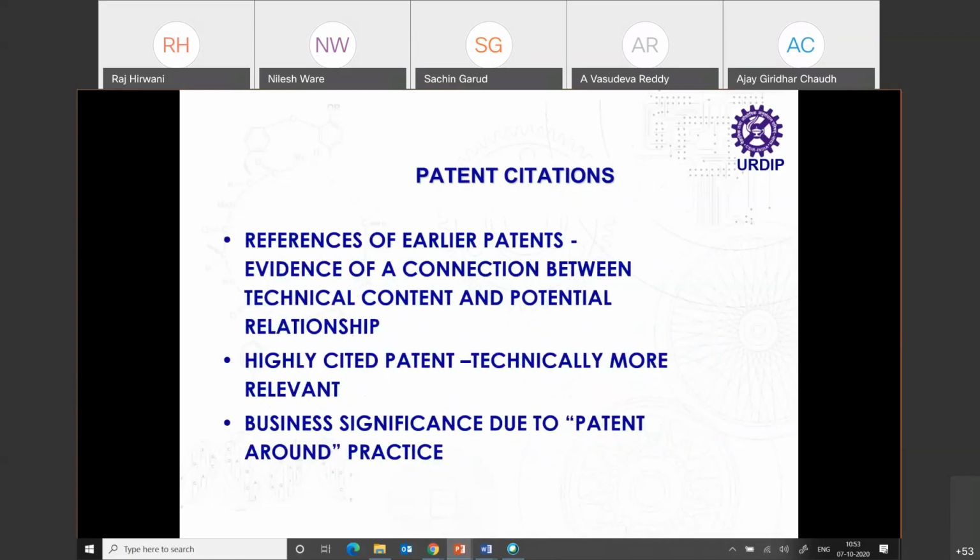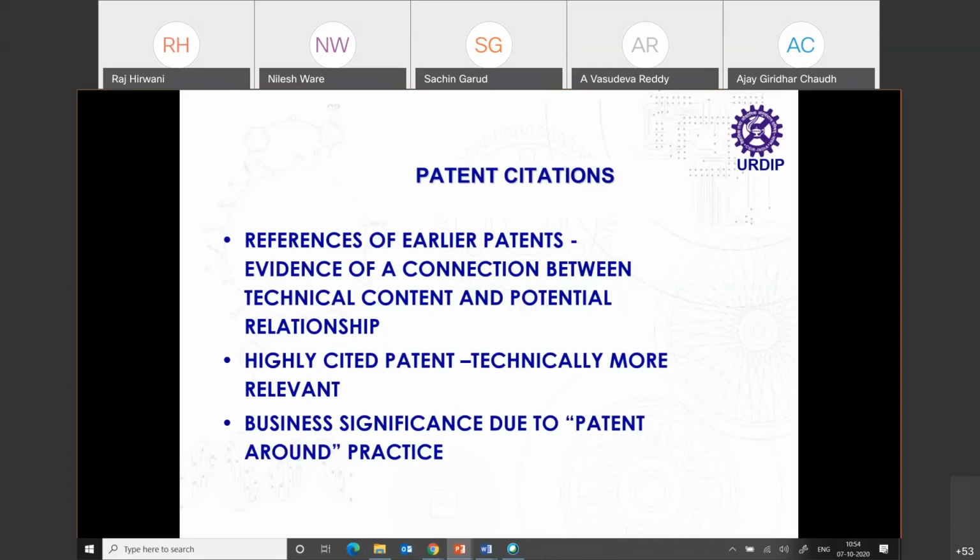Citations. Again, as academics, we talk about so many citations, highly cited papers. In the case of patents, if you have a patent document, it describes the prior art, the earlier patents that lead to the invention.